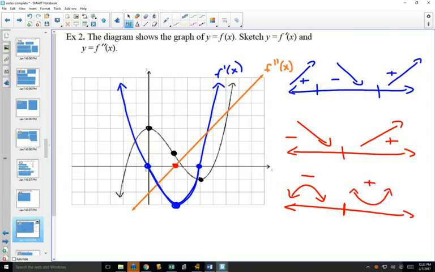So that also tells me that before this red point, this part of my graph is negative, and this part of my graph is positive. Other things that can help you, you started with an x cubed, so the first derivative would be a parabola. Your second derivative would be a line.